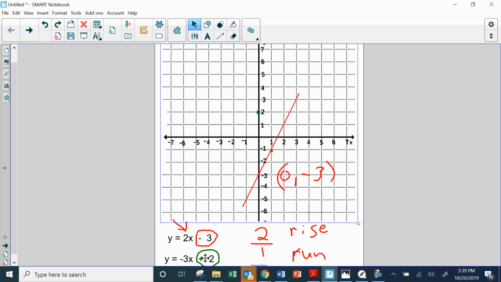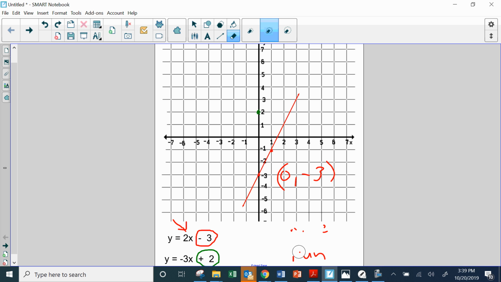Well, I've already plotted my y-intercept. That's the +2. I now need to do the same thing. I'm going to erase what I did before. If you need to see it, you can rewind the video. I need to do all of it all over, even that rise and run. So I need to take this -3. Now -3 is my rate of change for the second equation, because it's next to the x.